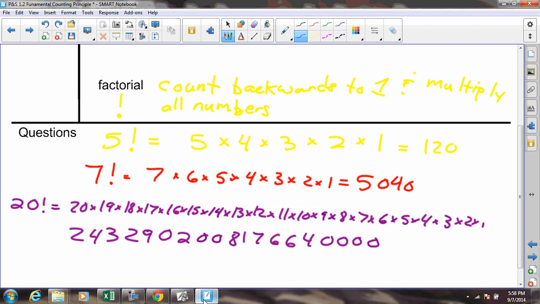So there we go. Woo, huge number that took forever, even with the calculator.